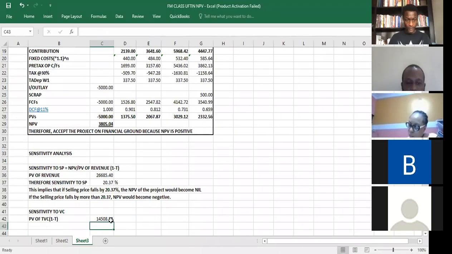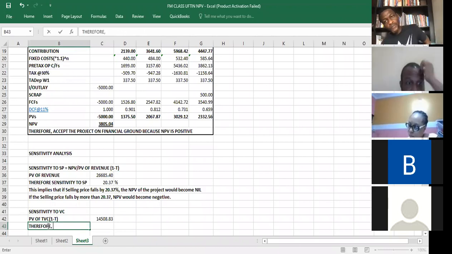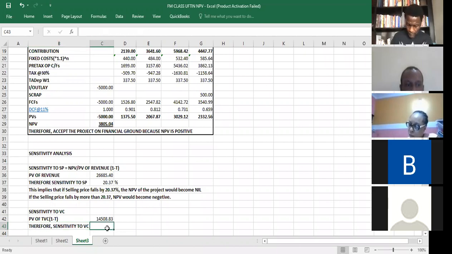So we can 1 minus T it if we want, or we can just do, therefore, sensitivity to variable cost. It will now be equal to our NPV divided by our present value of variable cost, and then 1 minus T.